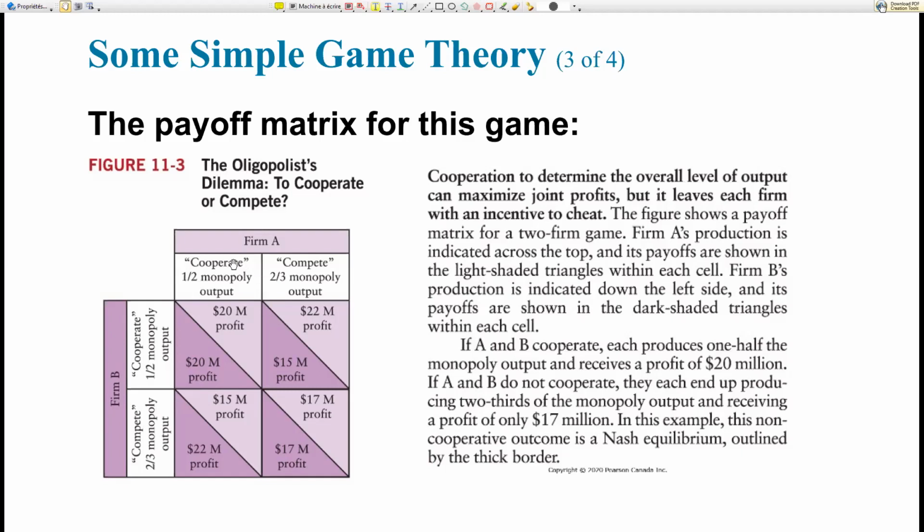Then if I'm firm A, for instance, I could choose rather to compete. And in that case, I would produce 2/3 of what the monopoly produces. So I'm going to try and attract some of the market of my opponent, hoping that my opponent has naively chosen to cooperate.